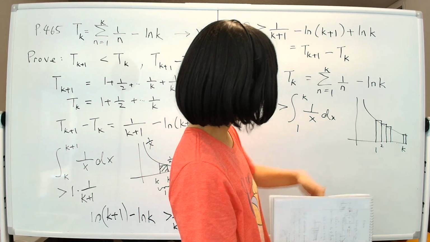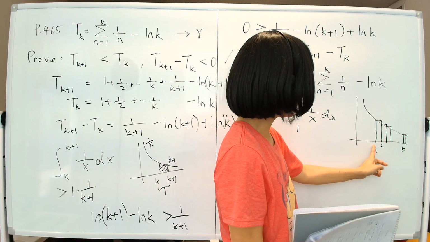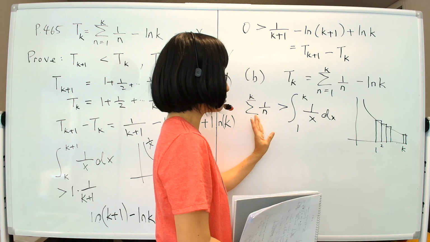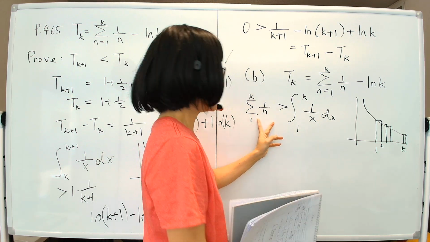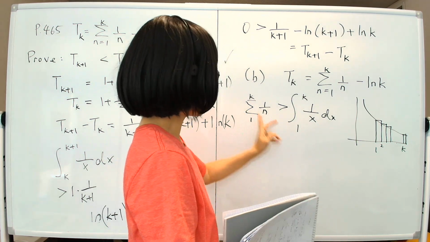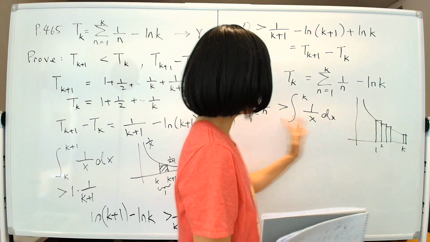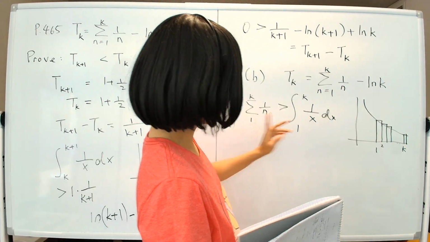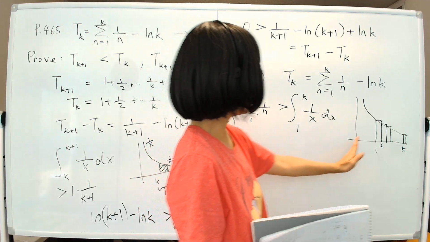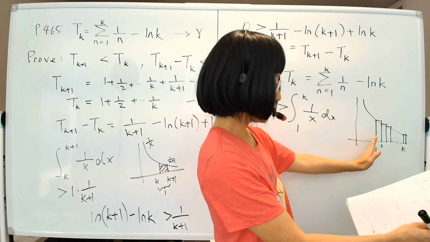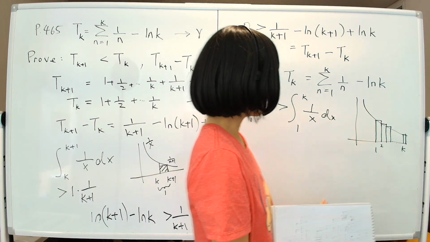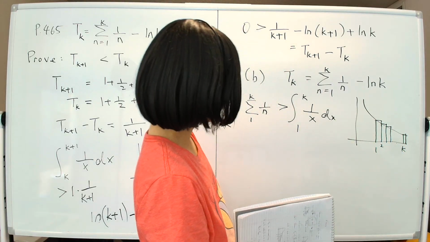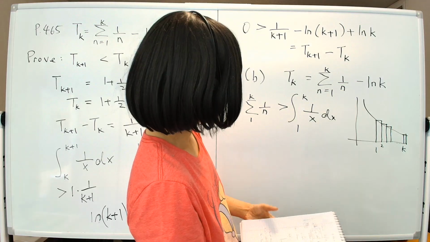Because each one is bigger, and we come all the way to the end. So we have a lot more stuff in the harmonic series from 1 to k than the area under the curve. Does that look right to you? All the ends are taken care of. We're doing the left-hand Riemann sum for all this, except that this is not narrow. This is all units of 1, and we go all the way up to k. That looks right to me.